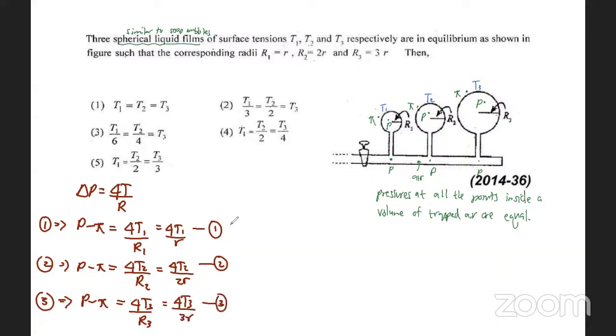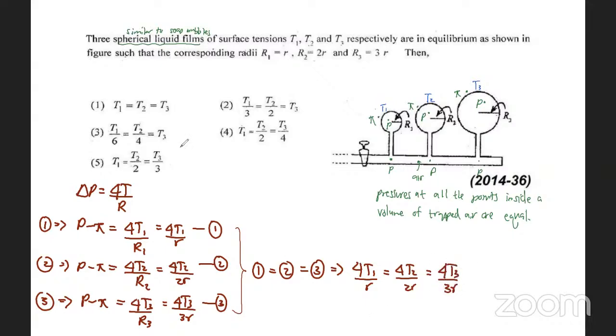What's common about the three equations, people? What's common is that they all are equal to each other, 1 equal to 2 equal to 3, because look at the left side: P minus P0, P minus P0, P minus P0. So that is 4T1 over simple R equal to 4T2 over 2R equal to 4T3 over 3R. I think we can get rid of that 4.